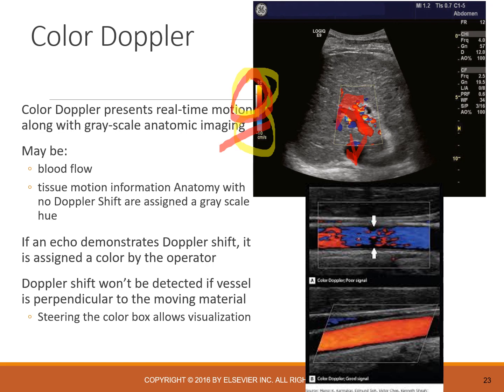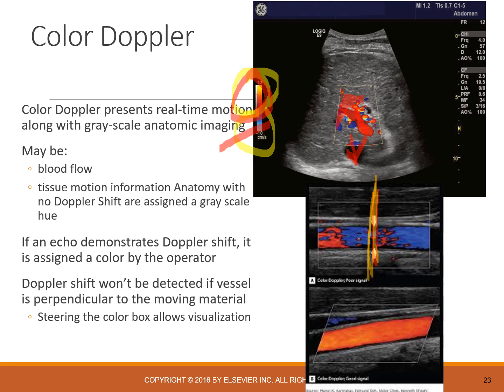Okay, the other thing is where we talked about angle being very important. The worst angle to use is 90 degrees. So at 90 degrees, you get essentially no feedback. So here you see a transducer getting perpendicular incidence to the vessel, meaning the sound waves are coming in at 90 degrees to the vessel.